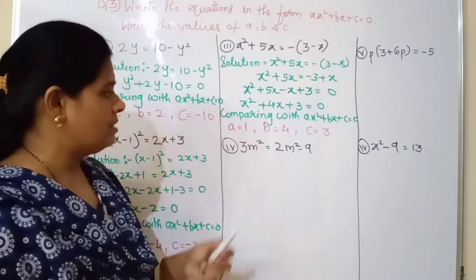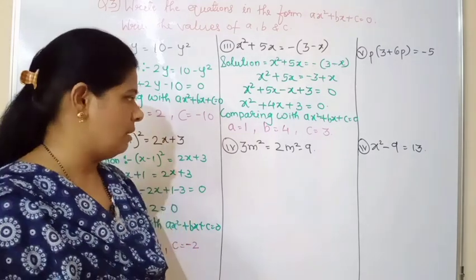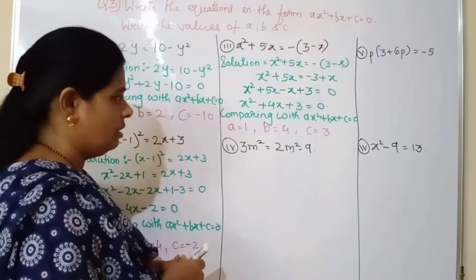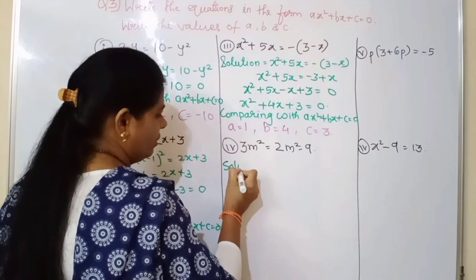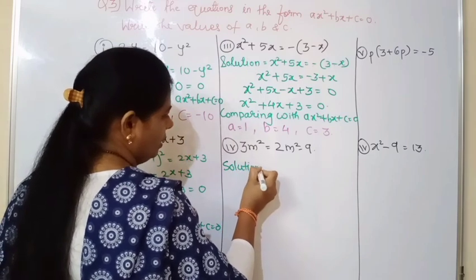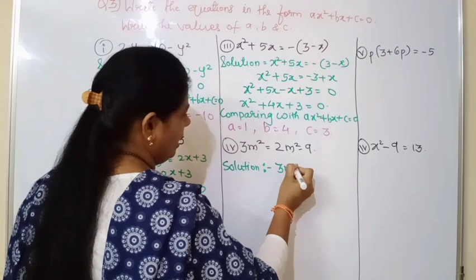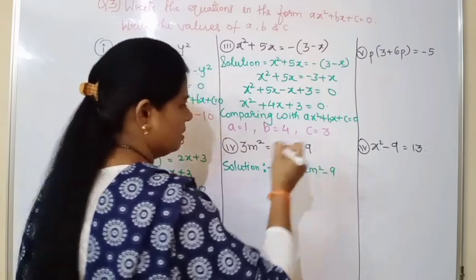We will see, that is 3m square is equal to 2m square minus 9. Okay. So again we have to arrange the equation here in a standard form. So I will write a solution. In that solution, first of all I will write the given equation, 3m square equal to 2m square minus 9.